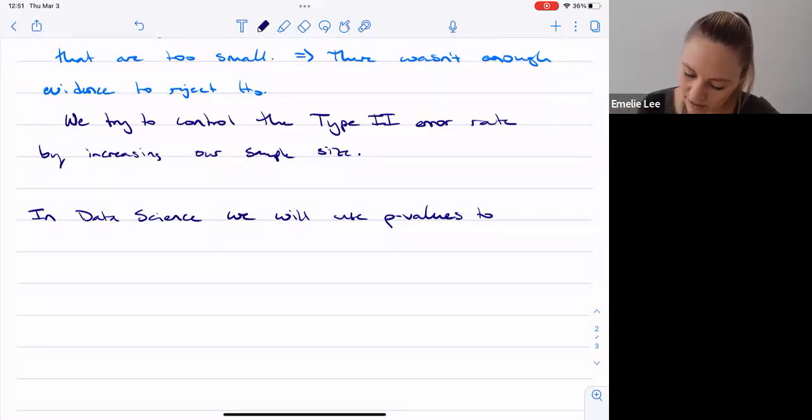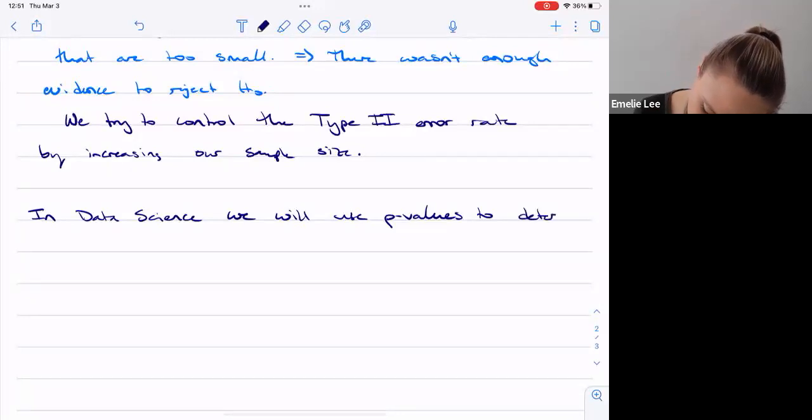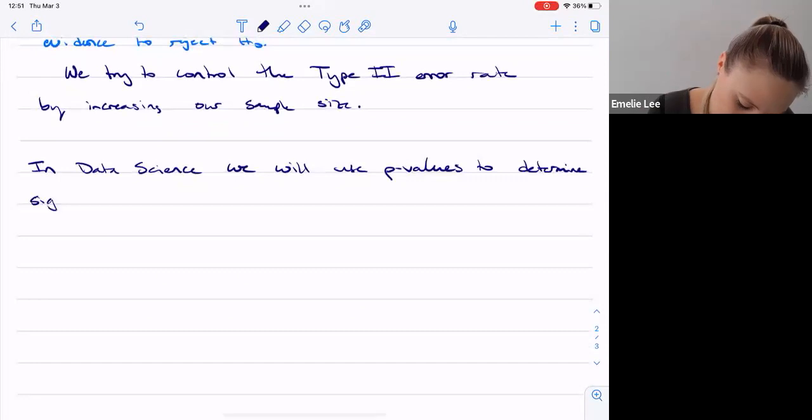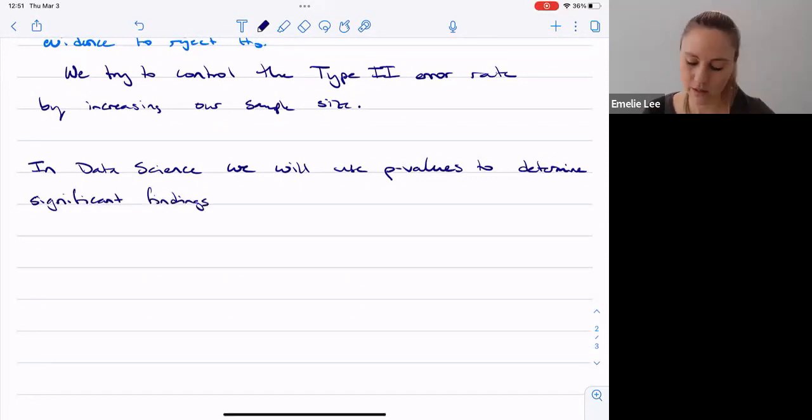So we will use p-values to determine significant findings, but we'll also have to use our judgment to determine if those are practical findings, right?